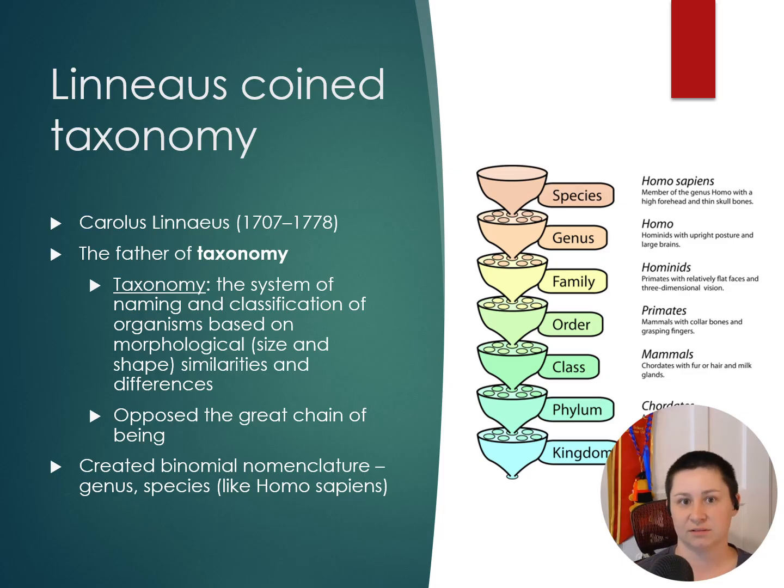Similarities and differences. Linnaeus opposed the great chain of being, and he created binomial nomenclature that we still use today when we describe something, genus first, then species second, like calling humans Homo sapiens. That's using binomial nomenclature. And we use this for plants as well.